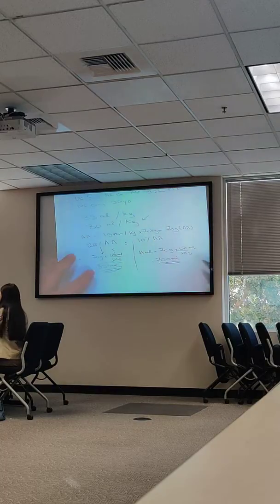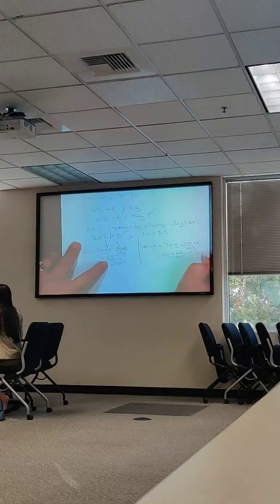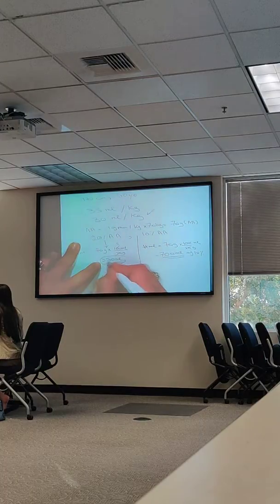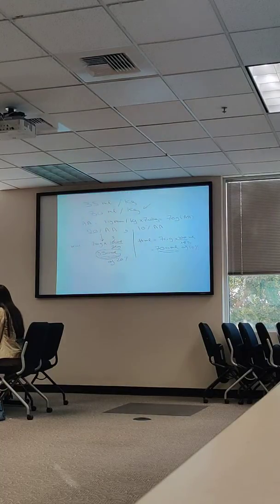It's going to only change the number of milliliters, because this is 700 milliliters of 10%. This is 350 milliliters of 20%. So the number of grams is the same. Any other questions?